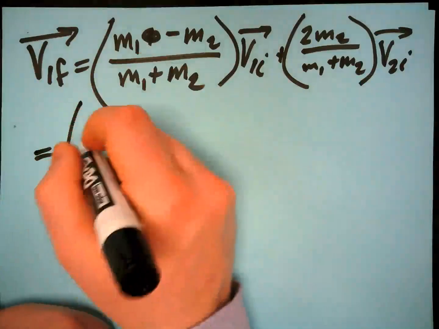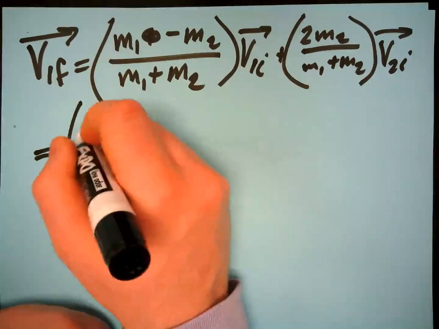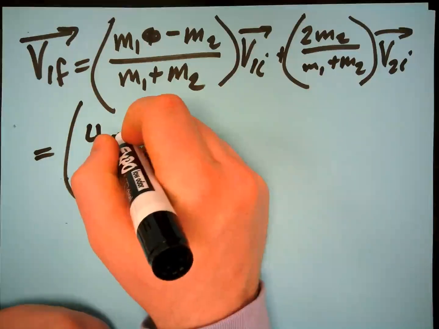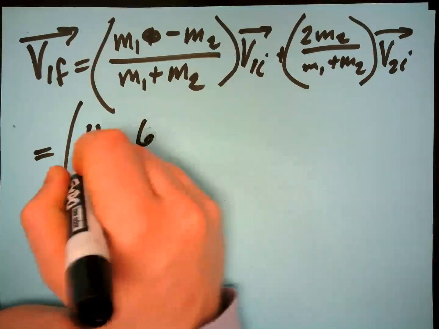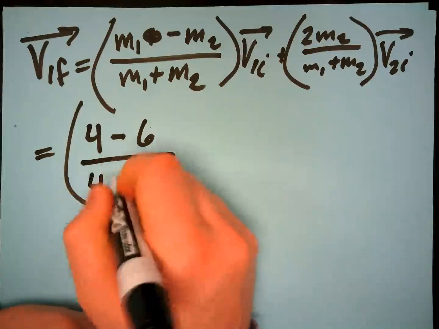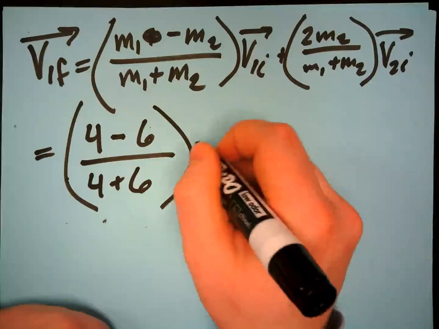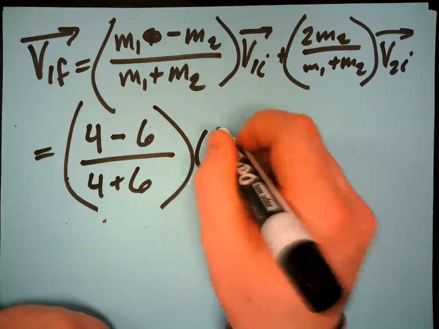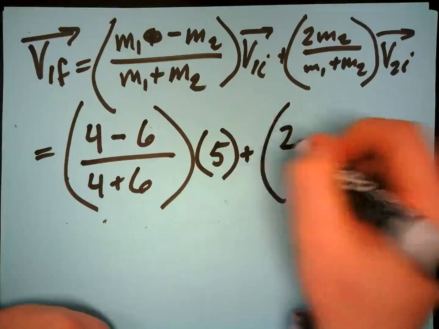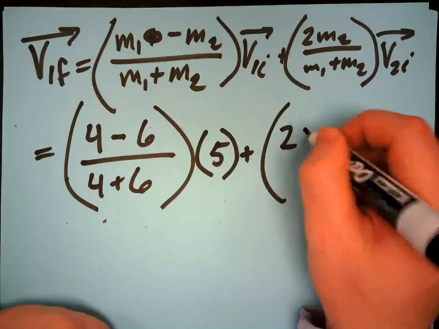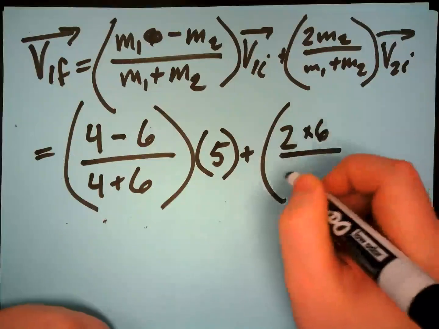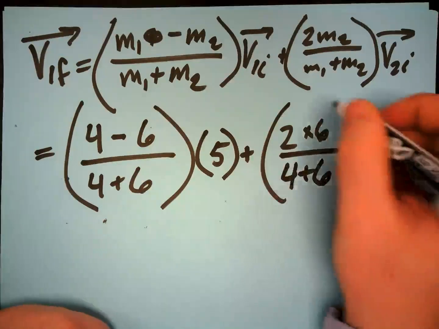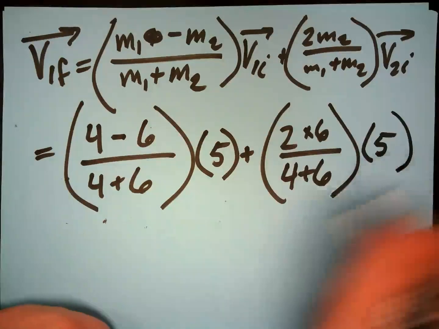So m1 is 4, so that's going to be 4 minus 6, and then 4 plus 6, times 5, plus 2m2, which is 2 times 6, and then 4 plus 6 on the bottom, times 5.